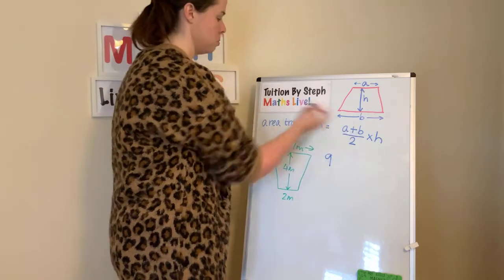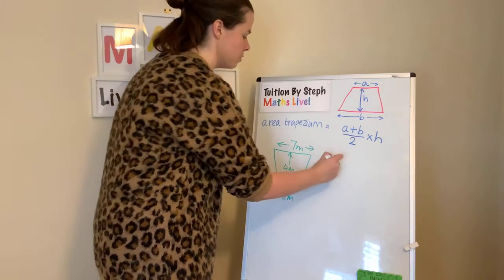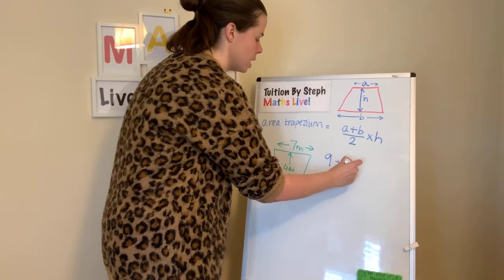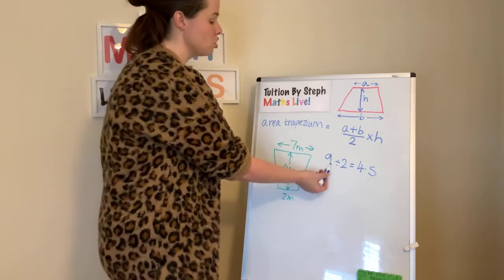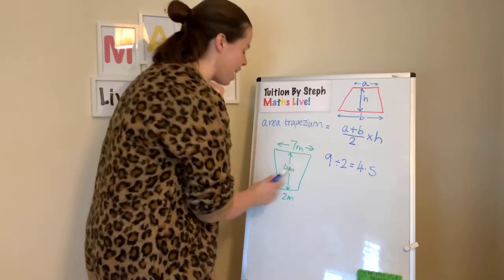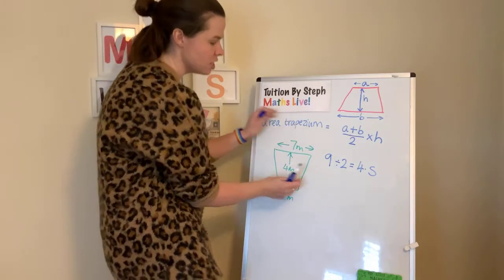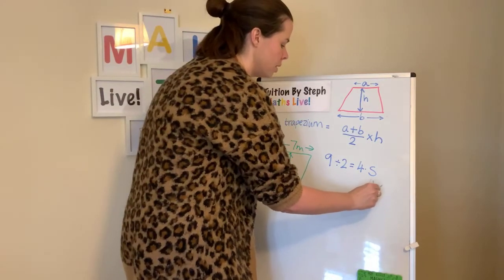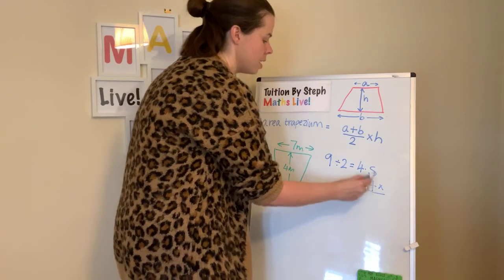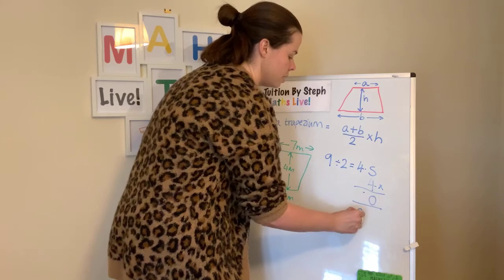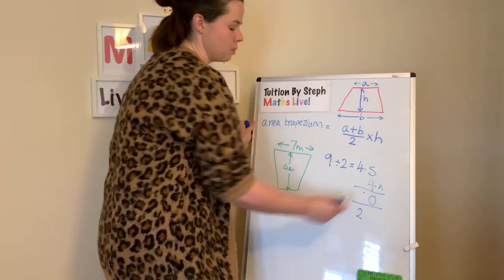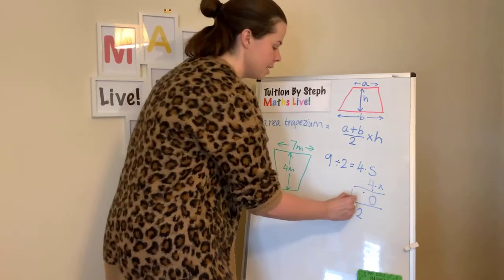So I've done my A plus B bit. 9 divided by 2 is 4.5. You know what, I must have just looked at the 9. And we have to times it by the height, and height is 4. So 5 times 4 is 20. And 4 times 4 is 16, 17, 18.